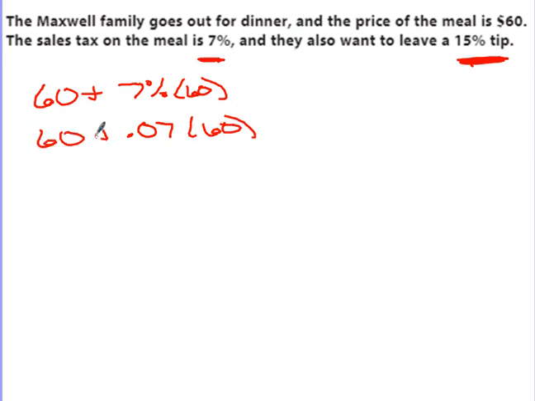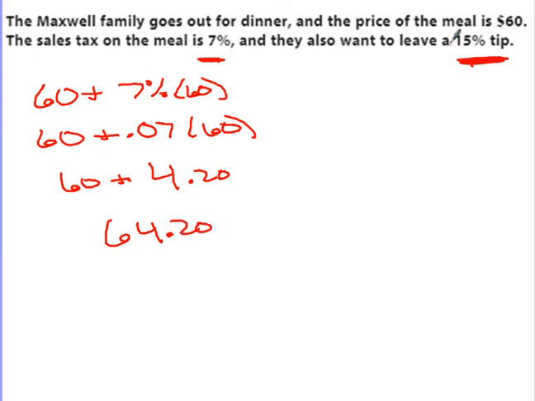Now, 7% of 60 is $4.20. I'm just saving time for you guys by not making you watch me do the multiplication. So that means the actual meal price was $64.20.